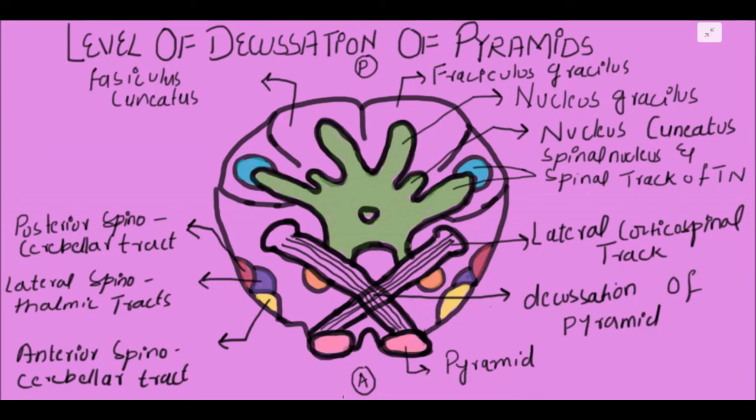I can write it here as the spinal nucleus of accessory nerve. So these were all the features we can find at the level of the decussation of the pyramids.